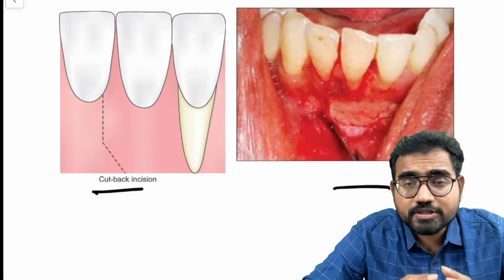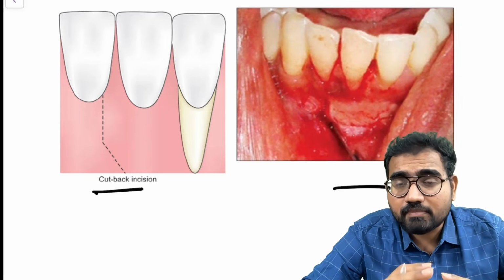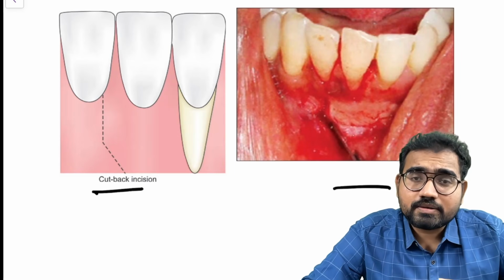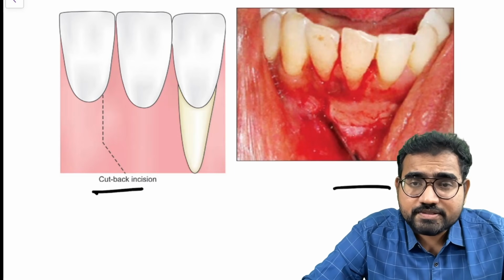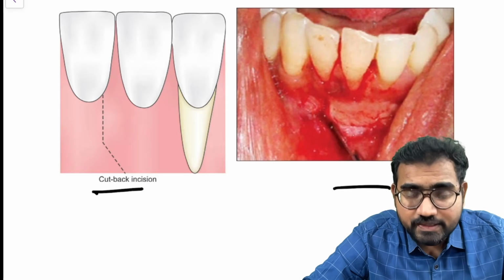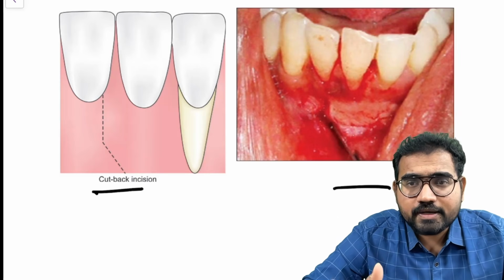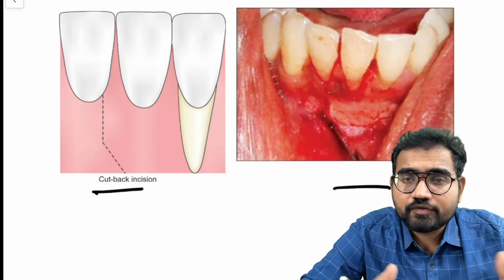If I want to suture the flap without any tension, but that area has a muscle pull, or that region has insufficient vestibular depth, then I might need a small cutback incision so that I can pull and suture the flap without any tension.